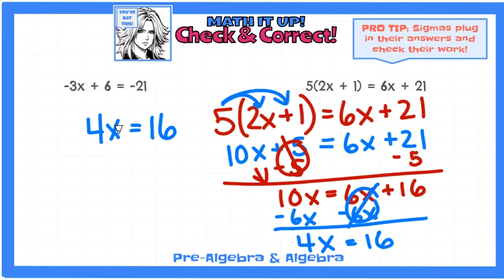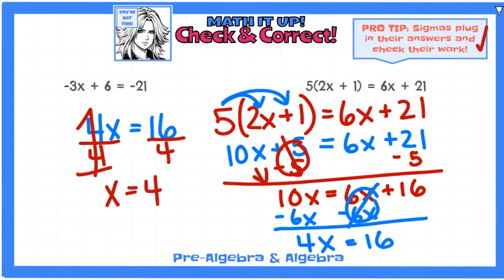It has to be a positive whole 1x on one side. So my move here, of course, is to divide both sides by a 4. I'll put that 4 over a 4, which makes it turn into a 1. 1x is just x, and 16 divided by 4 is 4.